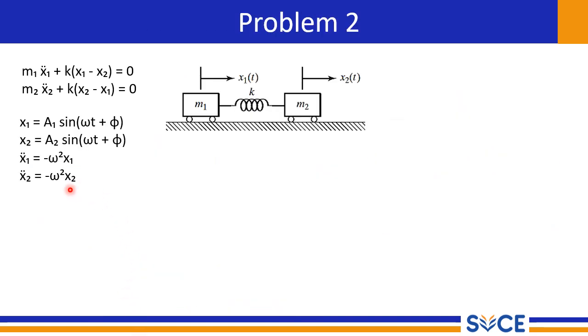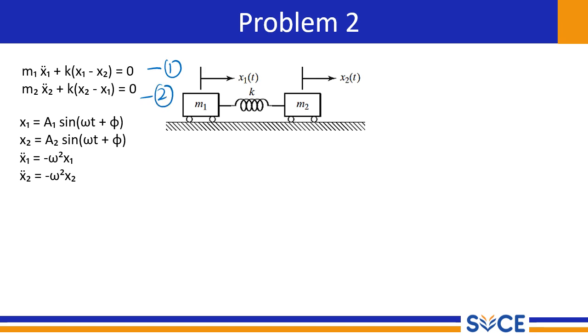From the previous slide, we came to this step: the acceleration x1 double dot is equal to minus omega square x1. Similarly, the acceleration of mass m2, x2 double dot, is equal to minus omega square x2. Now we are going to substitute this in equations 1 and 2.